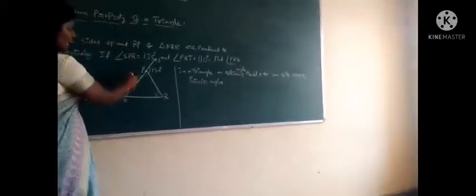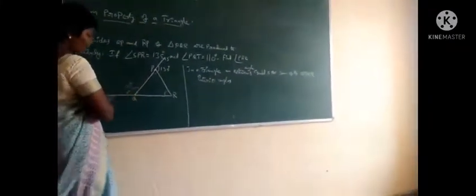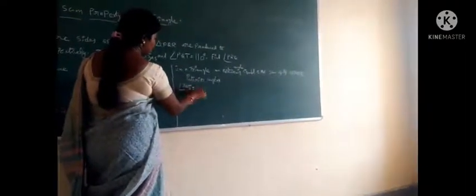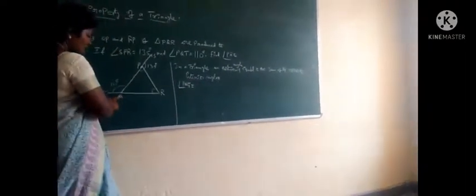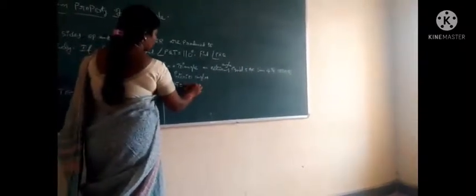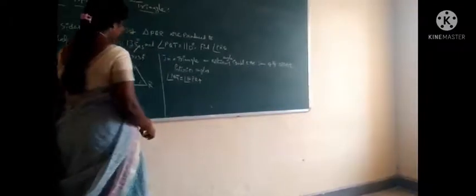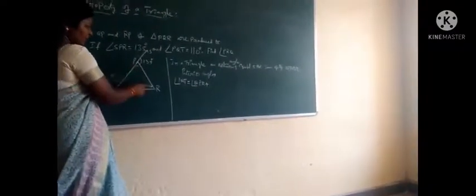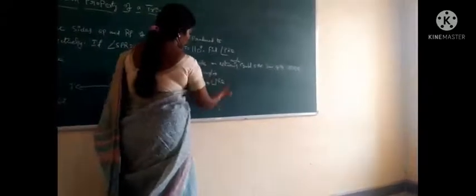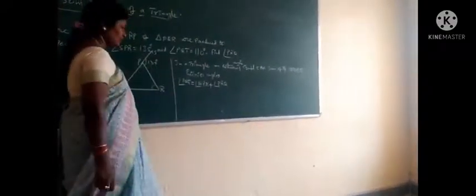So, angle PQT is equal to angle QPR plus angle PRQ. This is the angle sum property.